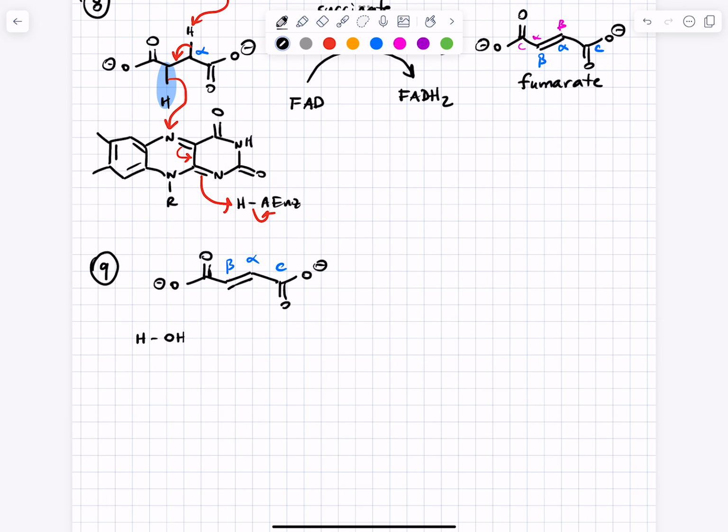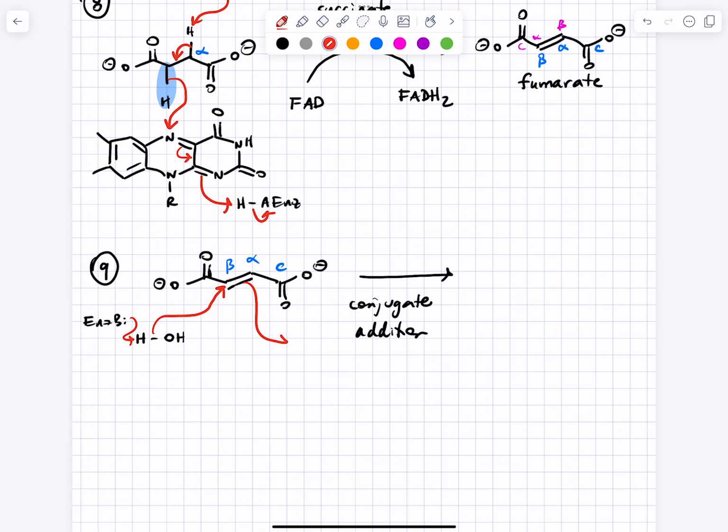We'll do exactly the same as we've done before for other conjugate addition reactions, like the reaction to make isocitrate. We'll have a base from the enzyme active site remove the proton from water as it attacks the beta carbon.